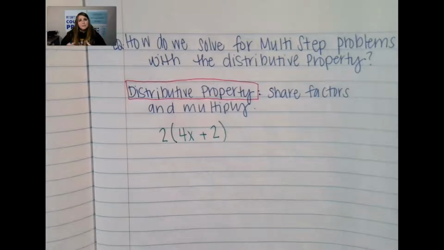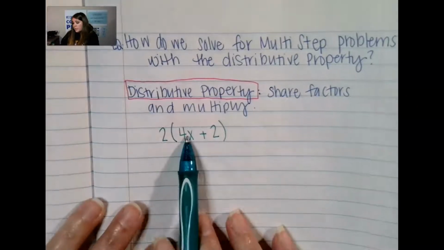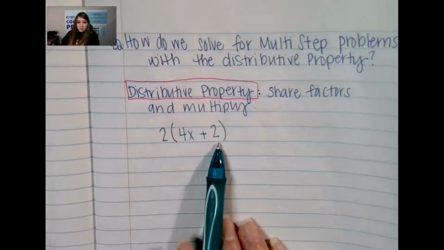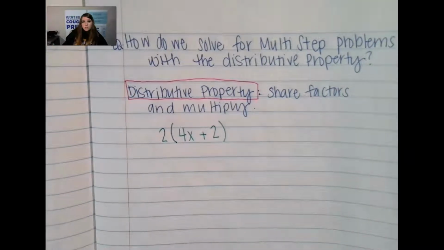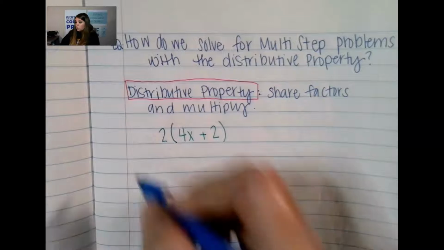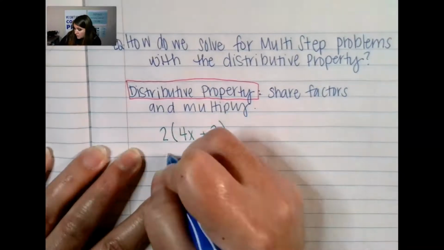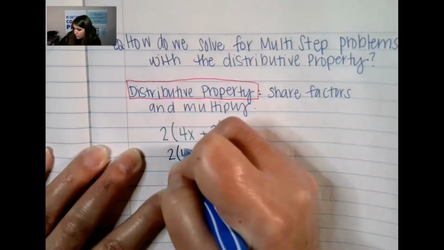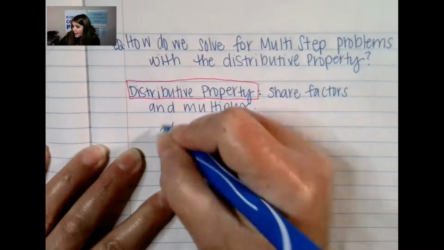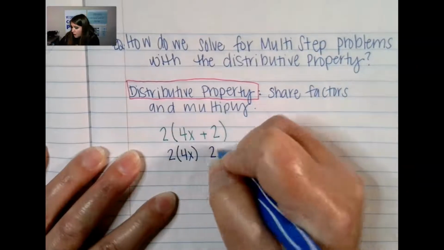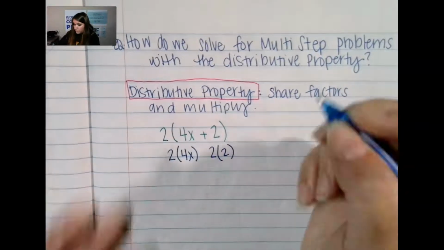Normally we would combine things in the parentheses. We can't do that here because this one has an x, this one does not. So instead we're going to share, and this really means that I have two groups of 4x. So I have two groups of 4x. And I have two groups of 2.